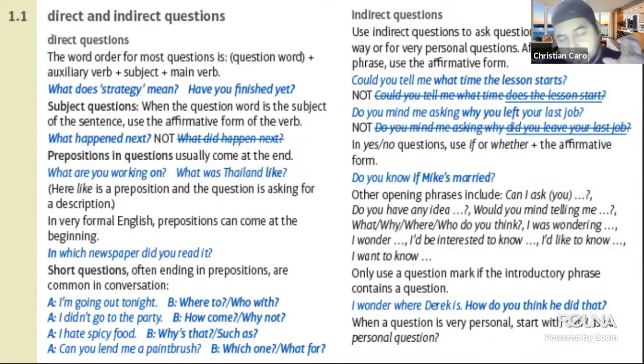When you do the interpretation into the mother tongue, the order is me pregunto dónde está Derek, but in English it's a different structure. So always remember that, because normally the mother tongue, in this case Spanish, interferes with the mental English grammar.